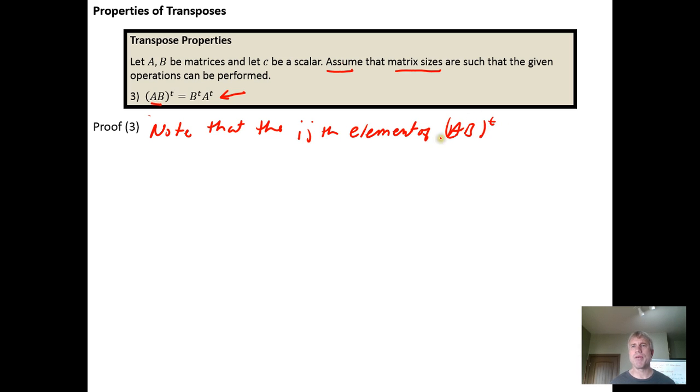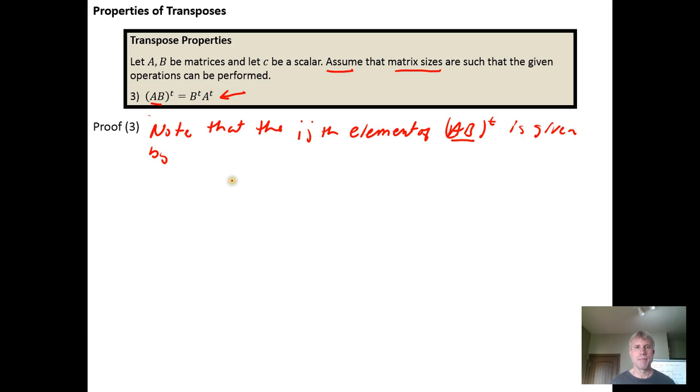If we take the product AB and then we transpose it, the ijth element, the ith row and jth column, of (AB) transpose will be the jith element of the product AB, because the rows become the columns and the columns become the rows.